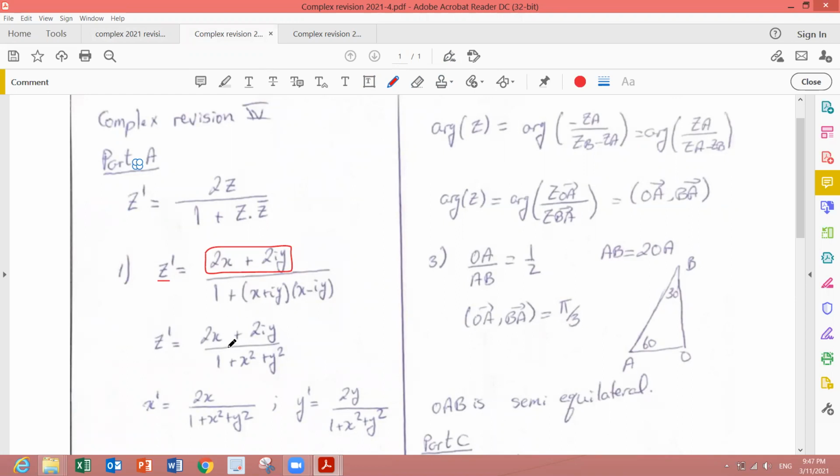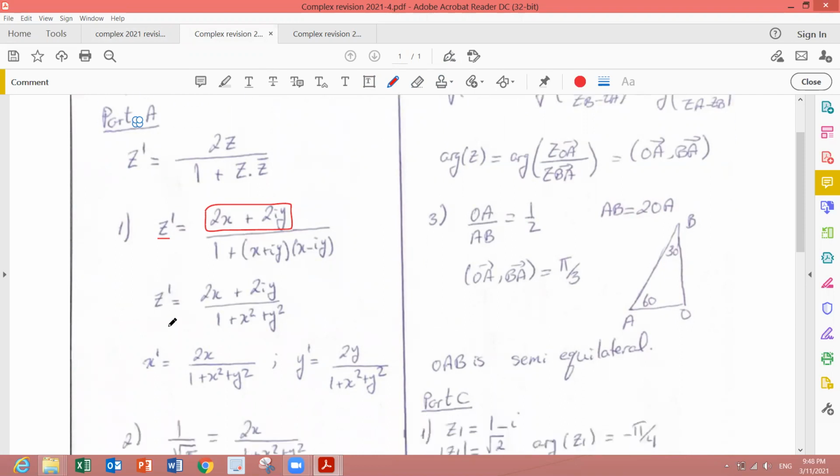X plus IY into X minus IY will be X squared plus Y squared. So Z prime, the real part X prime, equals 2X over 1 plus X squared plus Y squared. And the imaginary part, Y prime, equals 2Y over 1 plus X squared plus Y squared.